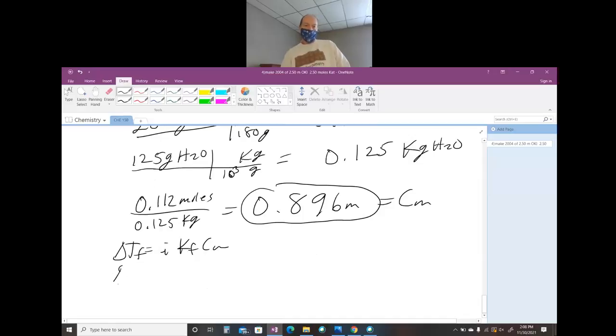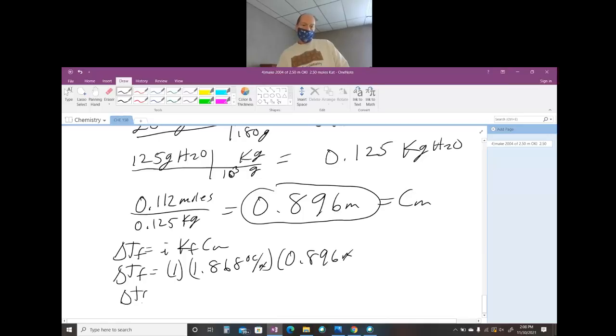So our delta T sub F is equal to, for all molecular compounds, the i value is 1. Kf is given, 1.858 degrees Celsius per molal. And now we have our 0.896 molal solution. So we push the buttons on the calculator and we get 1.66 degrees Celsius.